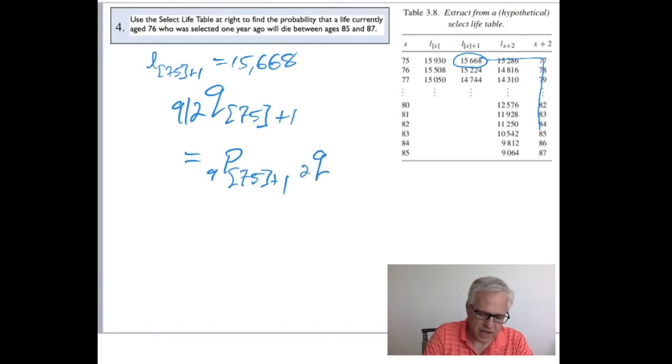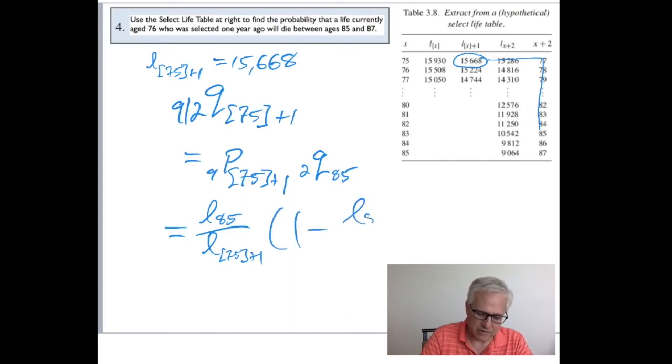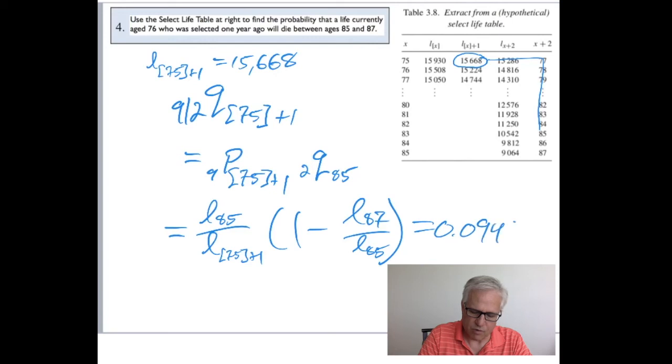We're way outside the select period by then, so that's just 2q85. And if I put those numbers together, that's the probability of surviving the first 9 years. It's just L85 divided by L[75]+1, where the 75 is in brackets, times 1 minus, we've done this a few times now, L87 over L85. And fill in those numbers, and you get 0.09433.